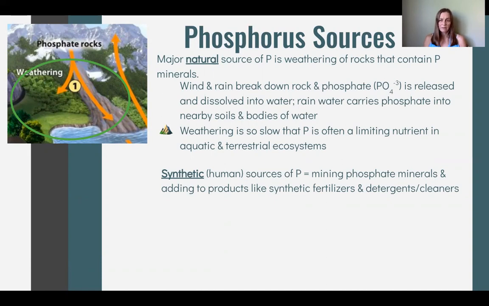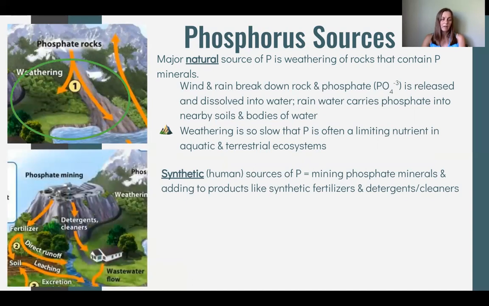There's much less phosphate in modern detergents and cleaning products than there used to be, because it is such a significant contributor to eutrophication, or the overgrowth of algae in bodies of water. So here's our natural cycle, and here's our human cycle.